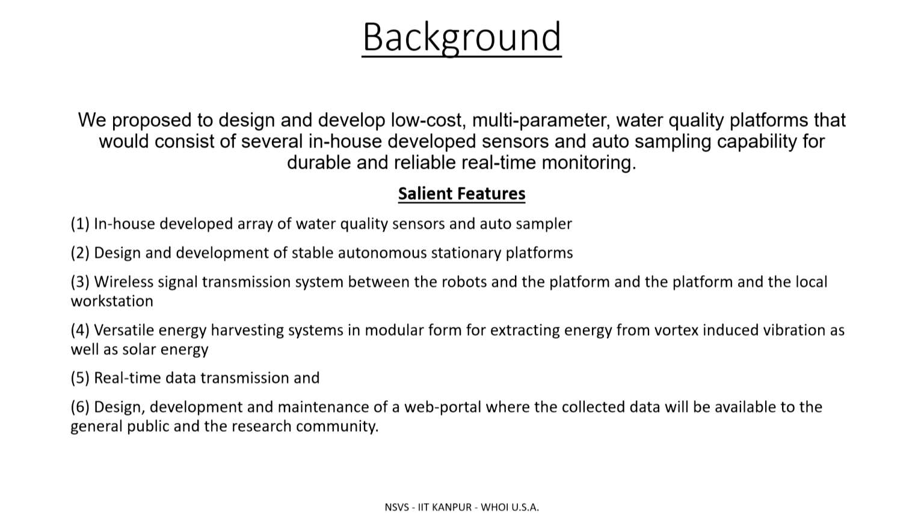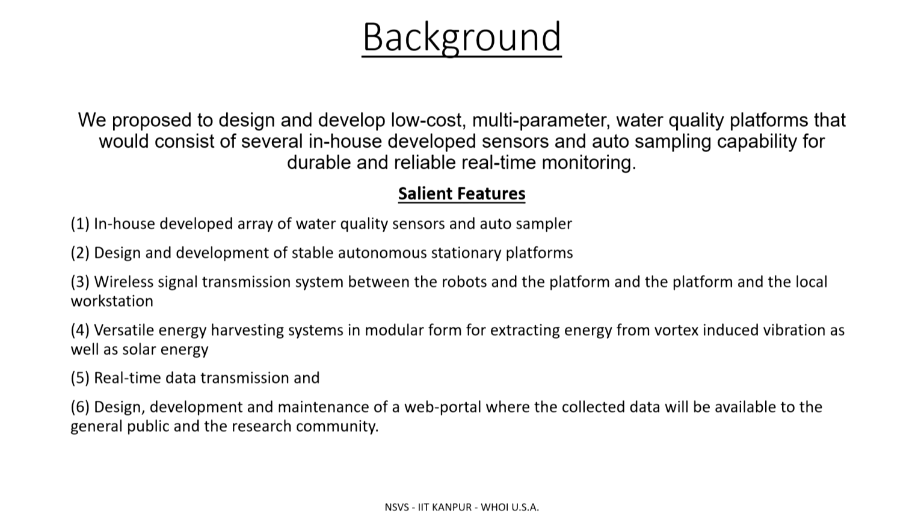Then number 4, a versatile energy harvesting system in modular form, so that if one does not work the other would work. So, in that kind of modular form, energy is extracted from two sources: vortex induced vibration and solar energy.